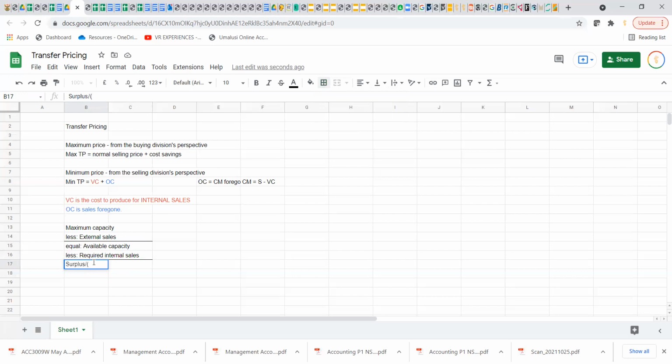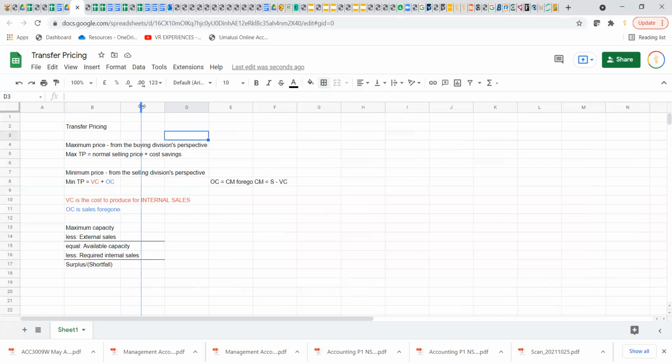If the answer is negative, we have a shortfall. So we will only have an opportunity cost if there is a shortfall, because it means we will have to forego some of our external sales in order to meet our internal sales. Okay, so that is that.